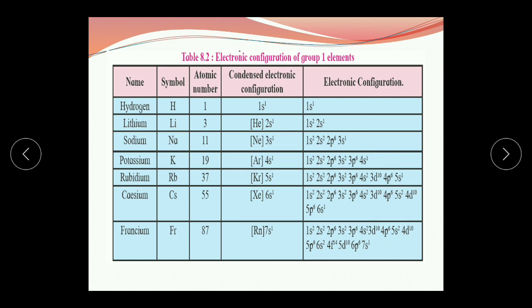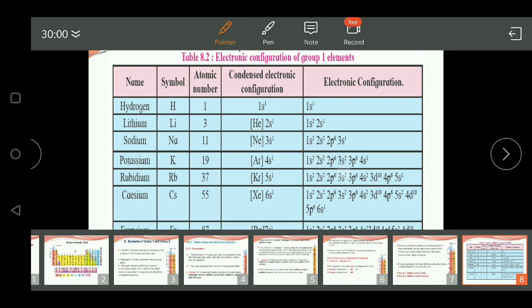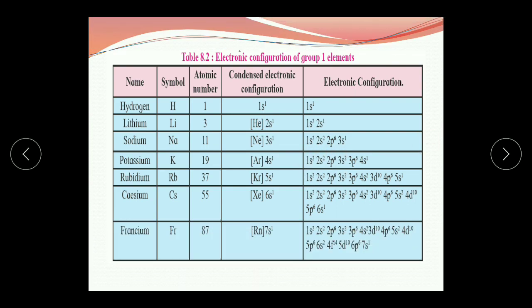Neon, atomic number 10, is 1s2 2s2 2p6. So neon in the square bracket covers up to 10 electrons. What is remaining is only 1 electron, and that will go in the 3s subshell. Hence 1s2 2s2 2p6 3s1, or neon in square bracket 3s1, will be the electronic configuration of sodium. Either is okay. You can write any one.